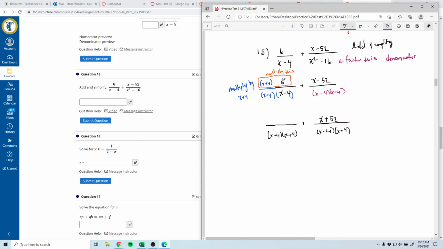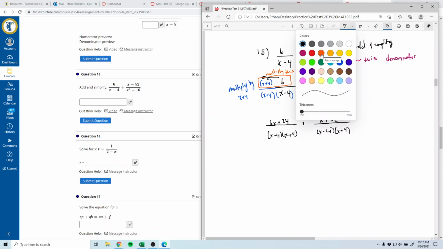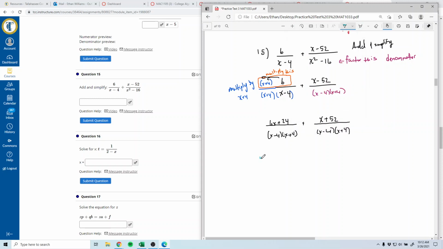And then when we distribute 6 to the x plus 4, we get 6x plus 24. Oops, let me not use that same color again. And now we can combine. I keep wanting to write the plus first. I don't want to change the order. Keep it the same. Our common denominator of x minus 4 times x plus 4 is there.